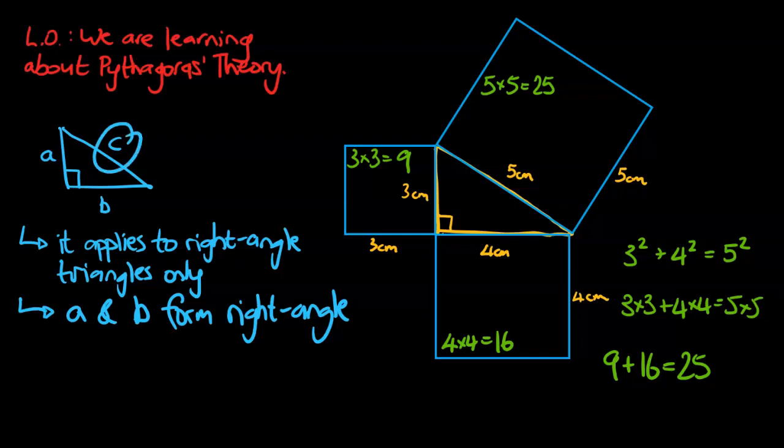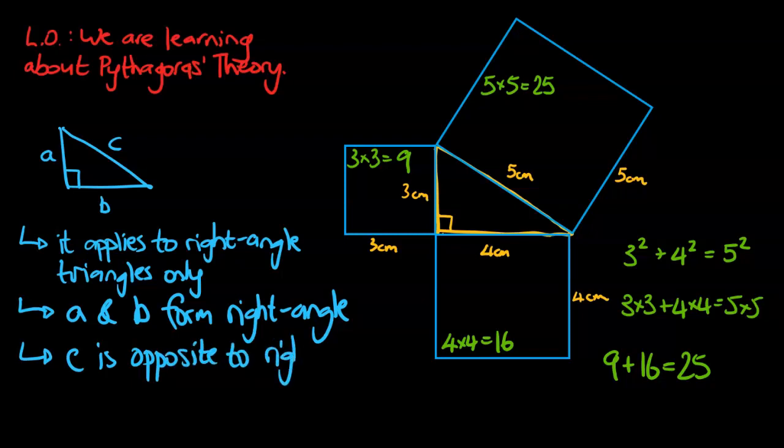And the final thing, the diagonal, or the one opposite the right angle, that there is C. So C is opposite to the right angle. So now that we know all that, we can write an equation.